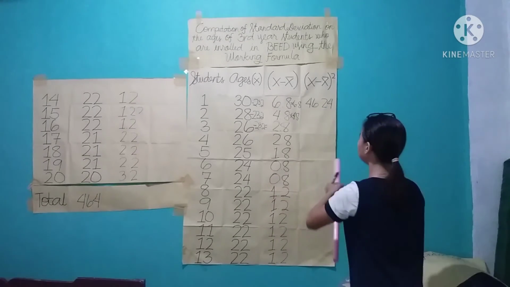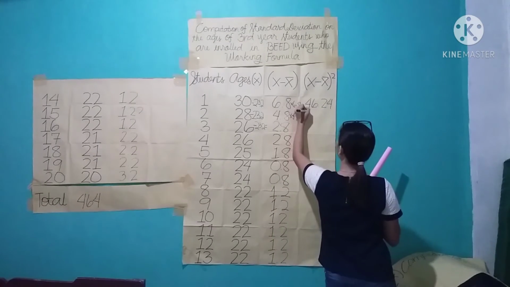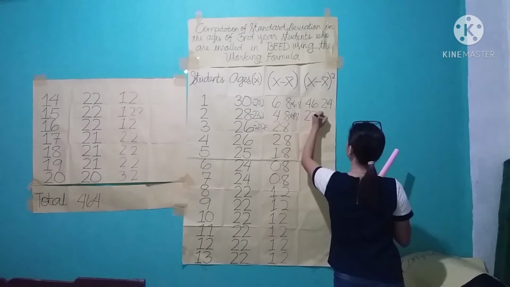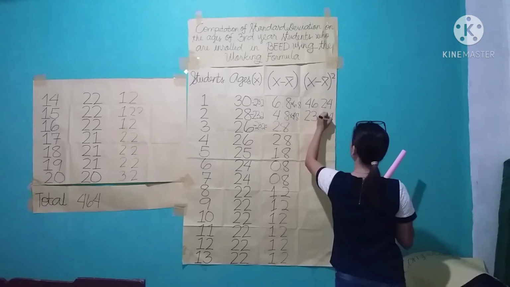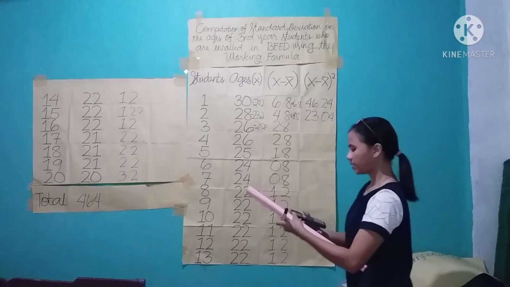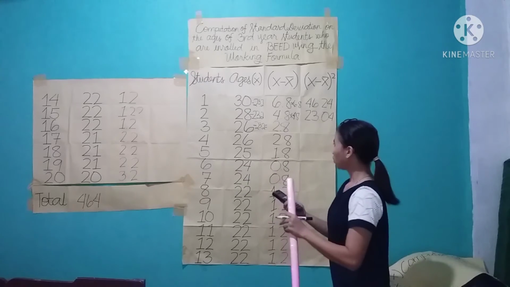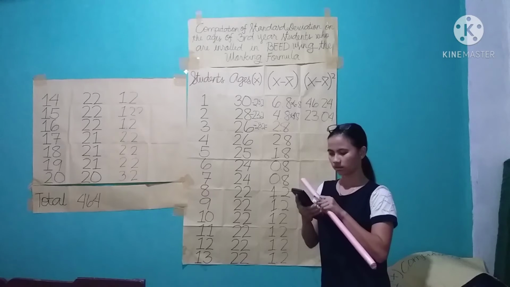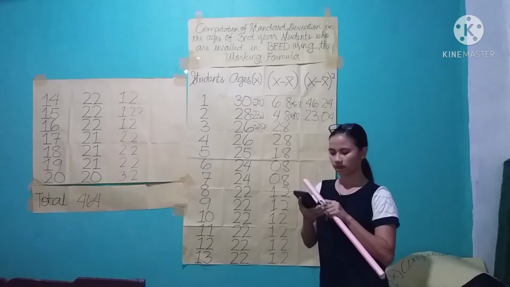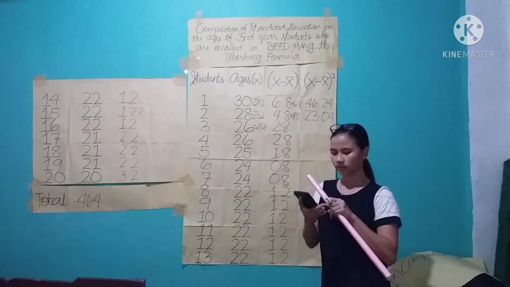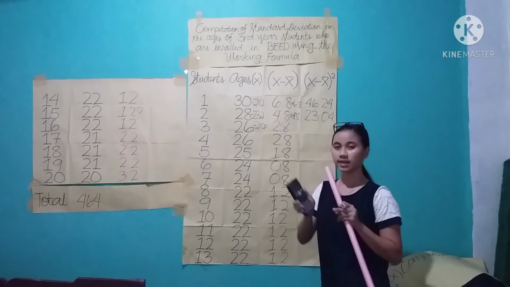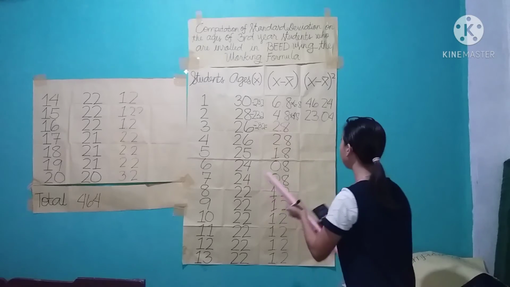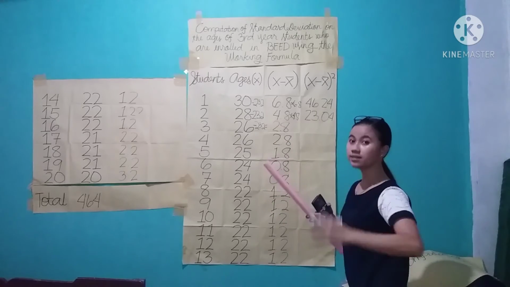Okay, that is the answer. Another is 2.8 multiplied by 2.8 equals 7.84. So on and so forth.